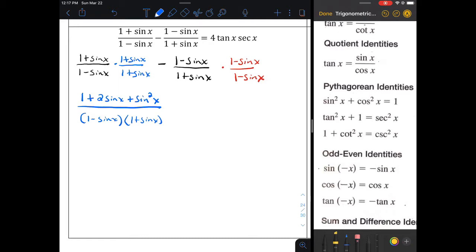And then we're going to move our way to the fraction on the right and do the same thing. So I'm going to leave that minus there. This is going to make 1 minus 2 sine x plus sine squared x, all over the same denominator.